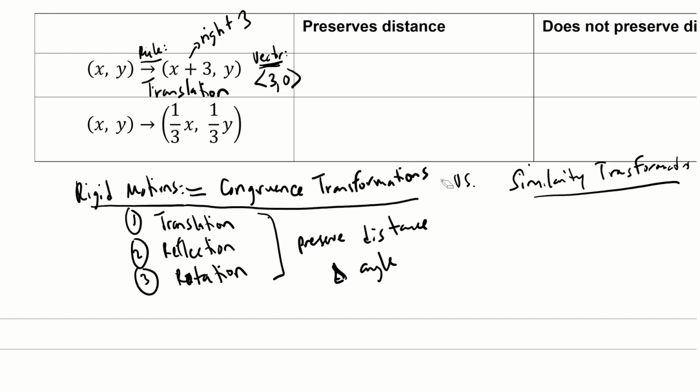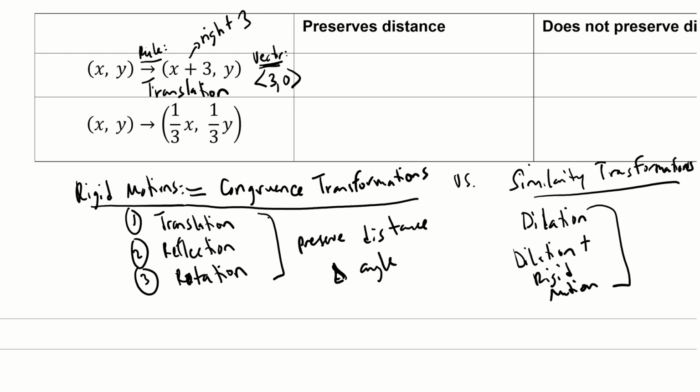Okay, this is versus similarity transformations. Similarity transformations, sorry about the writing here, my pen. All right, so similarity transformations are like dilations, for example, or dilation plus rigid motion. Those are similarity transformations, but they preserve angle but not distance. Preserve angle, not distance.